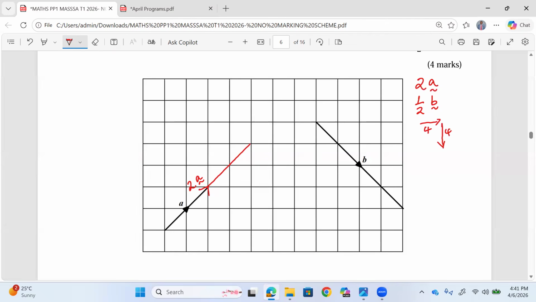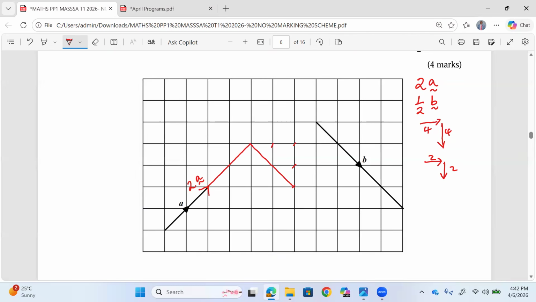So half of this vector means 2 units to the right, and instead of 4, 2 units downwards. So that is the meaning of half vector B. When we move like that, we will have gotten half of vector B.